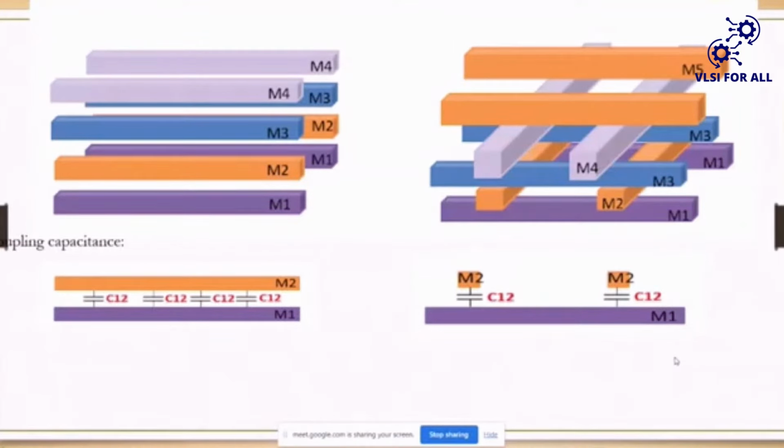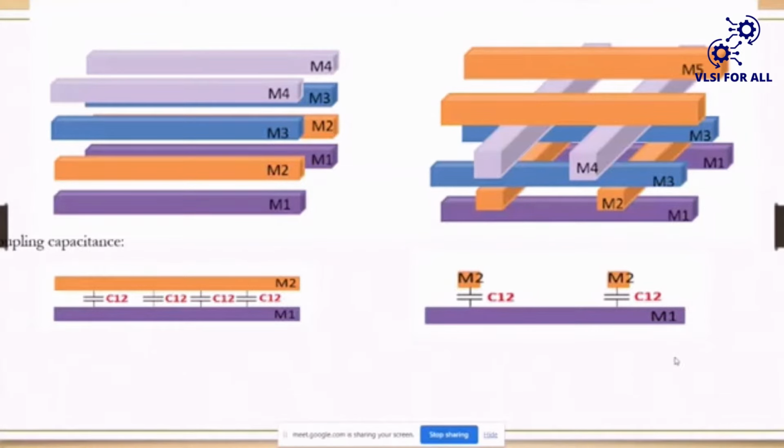All those metal layers are in orthogonal fashion. You can see in the figure, right hand side, M1, M2 are orthogonal. M2, M3 are orthogonal. M3, M4 are orthogonal. That means the successive metal layers are 90 degrees to each other.